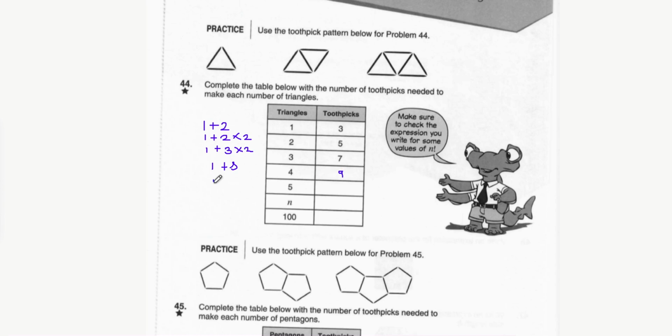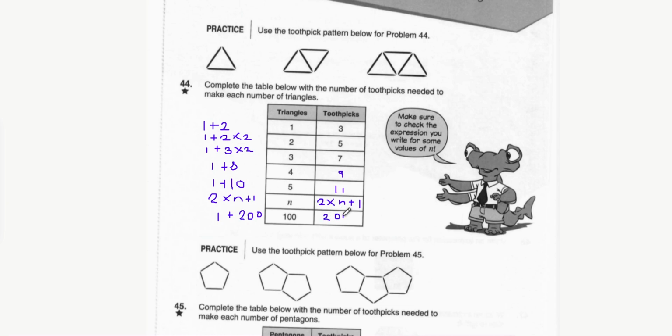And then we have 1 plus 10, which is 11. And then we have 2 times n plus 1. And then we have 1 plus 200, which is 201.